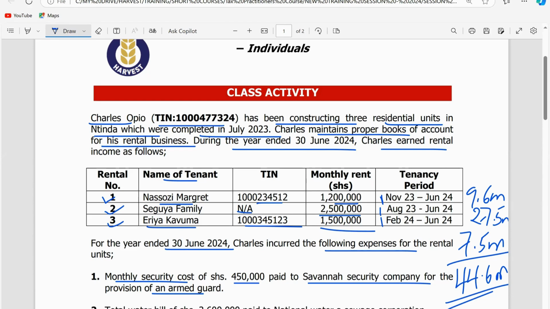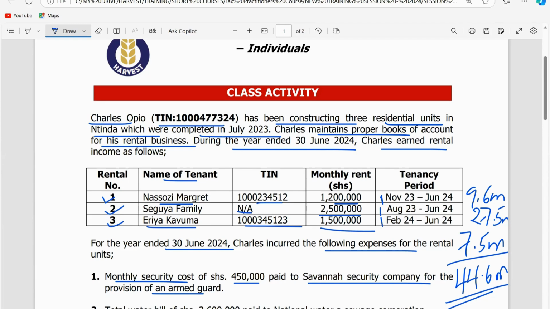So what's going to happen is that you will create a working paper. What we do, we present this very nice information in a working paper.